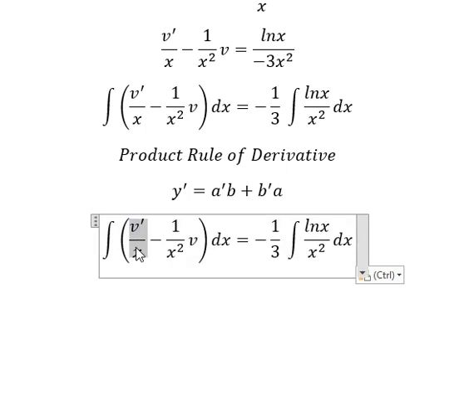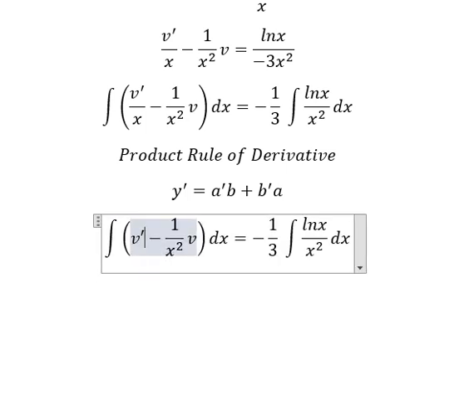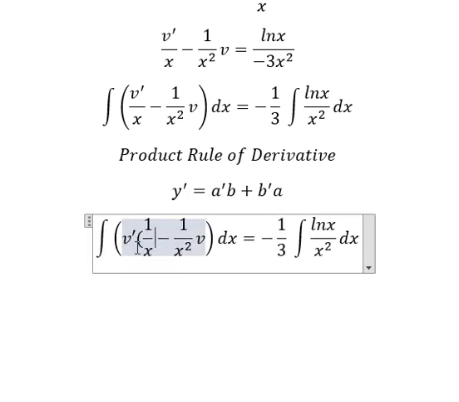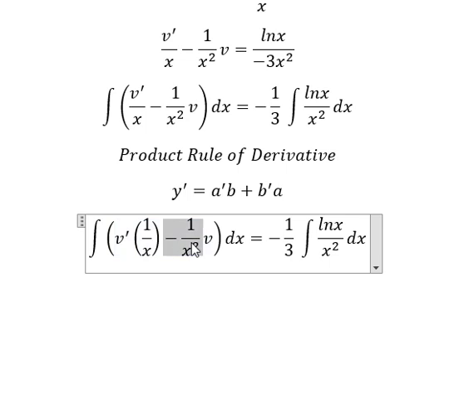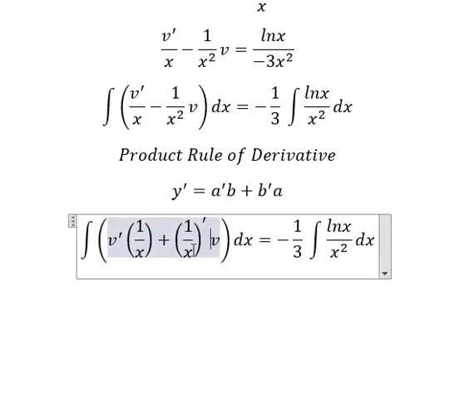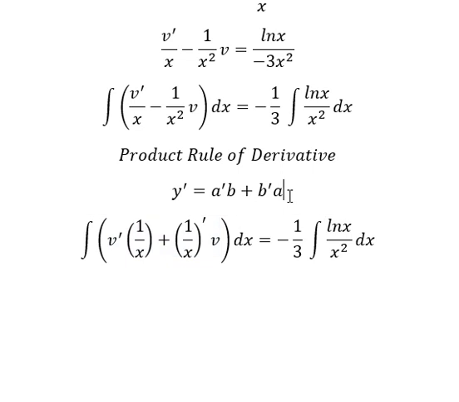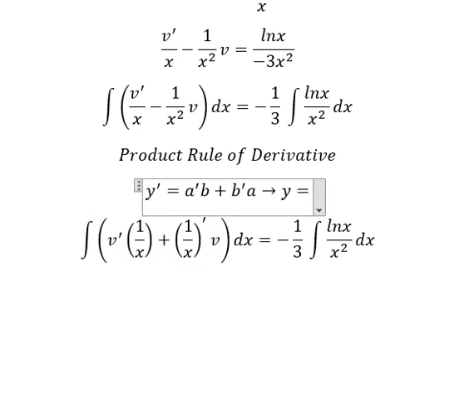So in here we have the first derivative of a multiplied by b. This one we have the first derivative of b multiplied by a. So the integration of this one, we have y equals ab.